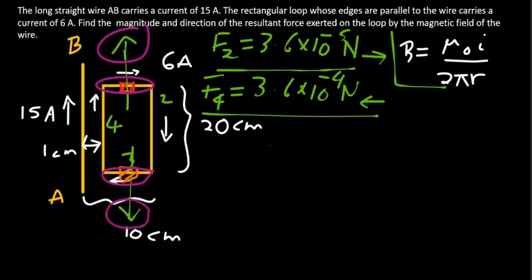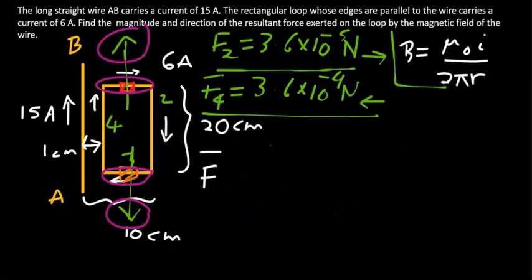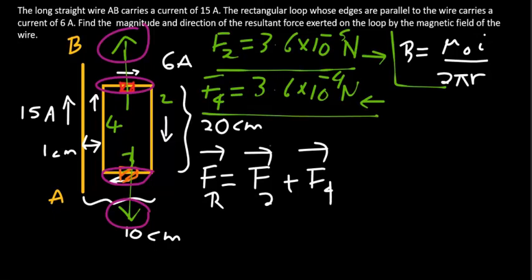So the vector sum of forces on segment 1 and segment 3 is identically 0. So you don't have any contribution from these two segments collectively considered. What that means is the resultant force is the force on segment 2 plus the force on segment 4.